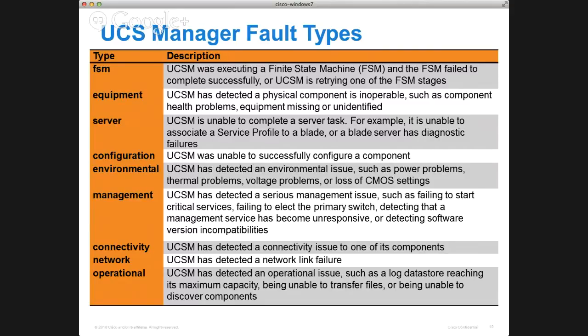So if a particular set of faults that have FSM errors occur, and you're trying to get through the issue and it does hit the retry limit, what will end up happening is we will raise another fault. For example, if the server is going through a server profile association and it can't power on the server, it's going to provide a config failure that the server's profile association faulted because of this FSM issue.